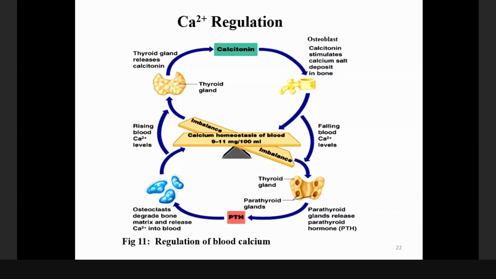Okay. Then how? We need a detector, one of the components, or the sensor, and that sensor that senses the increase in blood calcium is found in your thyroid gland. There are follicular cells in your thyroid gland that detect an increase in calcium in the blood. Then the follicular cells in your thyroid gland produce calcitonin.